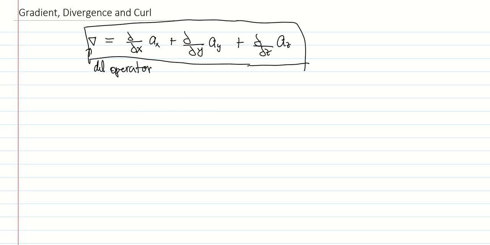We need to convert this vector, because this is a vector, using the methods that we did before in the previous discussions. So you need to convert it in terms of the coordinates that you want. If you want it in cylindrical coordinates, then you need to convert this vector to cylindrical. You already know how to do that.